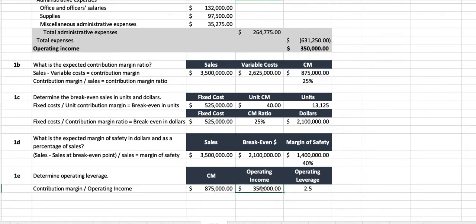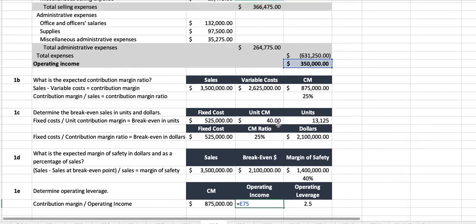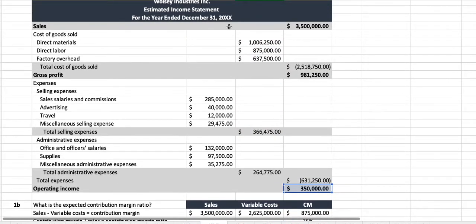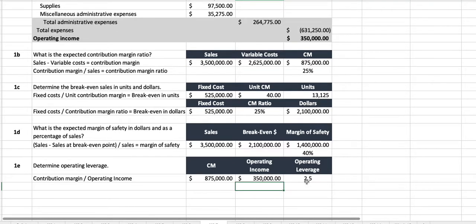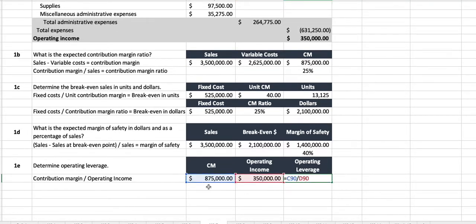And my operating income, where did I get that? Well, I calculated that when we prepared our estimated income statement, and this was my operating income. Now all I'm going to do is take my contribution margin and divide it by my operating income, and I see that I have an operating leverage of 2.5.